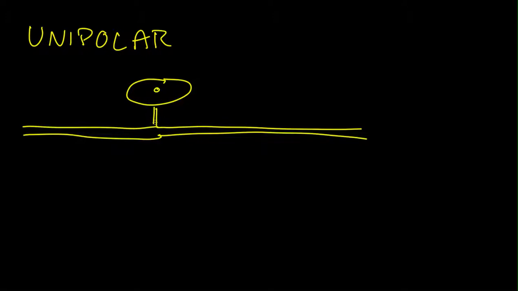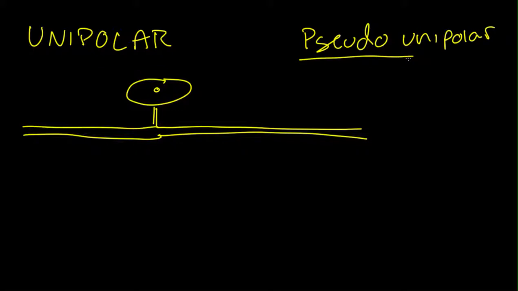If you see pseudo unipolar, the reason they're called pseudo unipolar is when these start out, they start out looking like a bipolar neuron. So when they start forming, they kind of look like this when they start. So that'd be stage 1, and then they get a little bit lower.